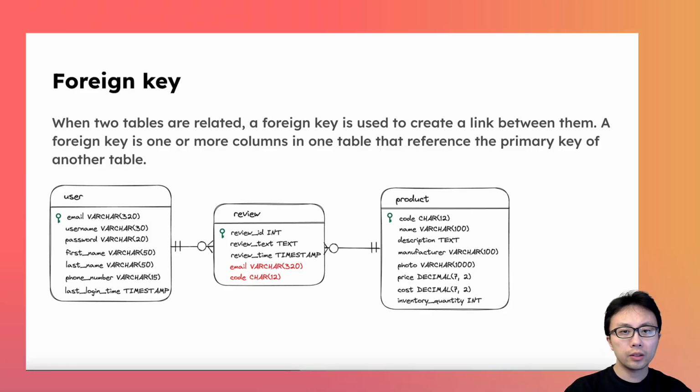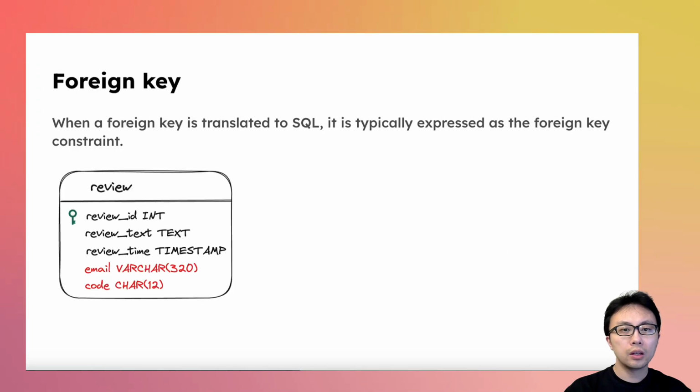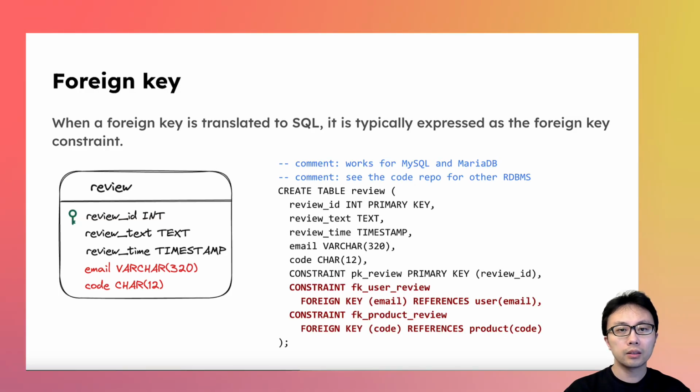How do you translate the design of foreign keys, or say the review table, into SQL code when it comes to implementing your database design? The recommended approach is to name the two constraints and define them individually, like this. The keyword constraint allows you to name a constraint. The definition of the foreign key constraint starts with the foreign key keyword.